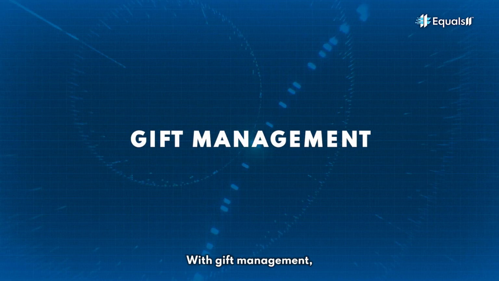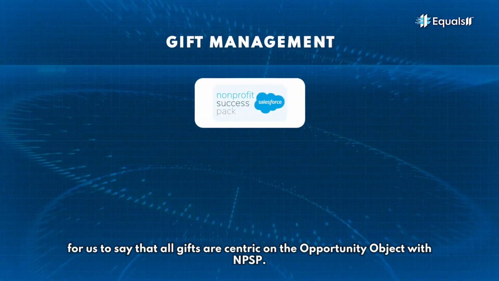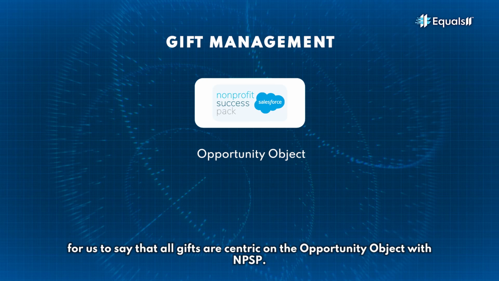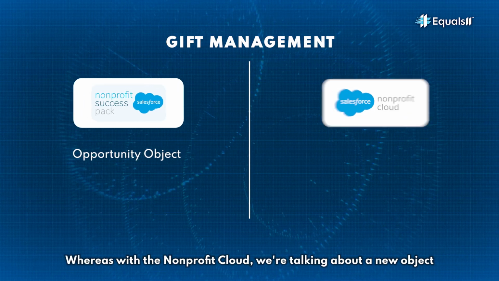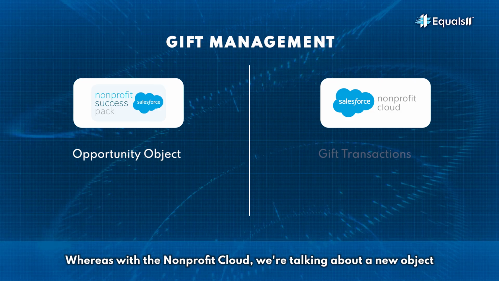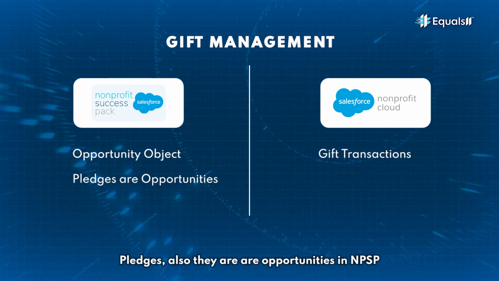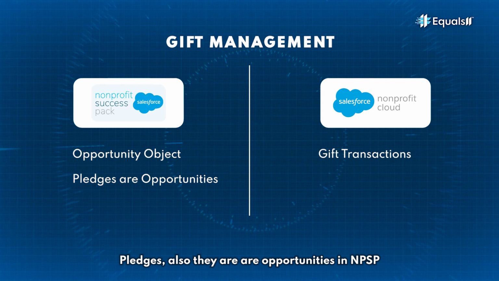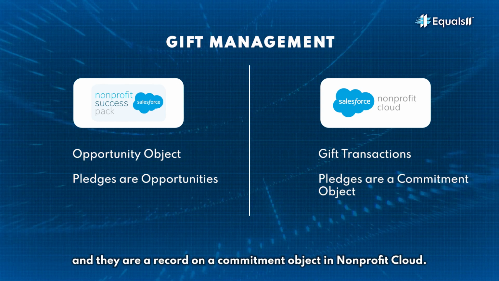With gift management, guys, I think it's very important to say that all gifts are centered on the opportunity object with NPSP, whereas with Nonprofit Cloud we're talking about a new object called gift transaction. Pledges are also opportunities in NPSP, and they are a record on a commitment object in Nonprofit Cloud.